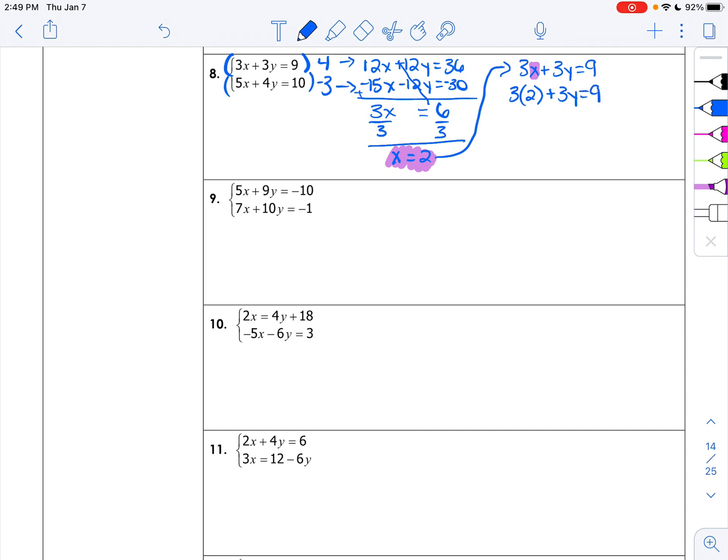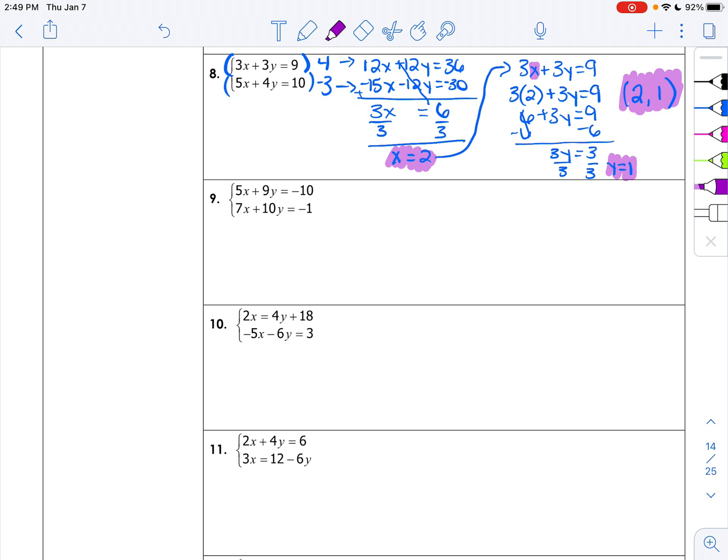And then I'm going to solve. 3 times 2 is 6. Bring down the plus 3y equals 9. I'm going to subtract 6 from both sides. And I get 3y equals 3. And then divide both sides by 3. And I find that y equals 1. The second half of my answer. My final answer is the ordered pair 2, 1.